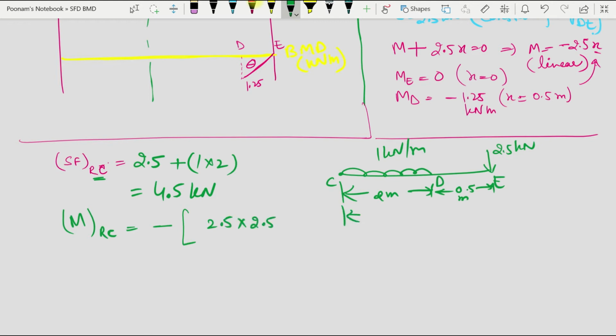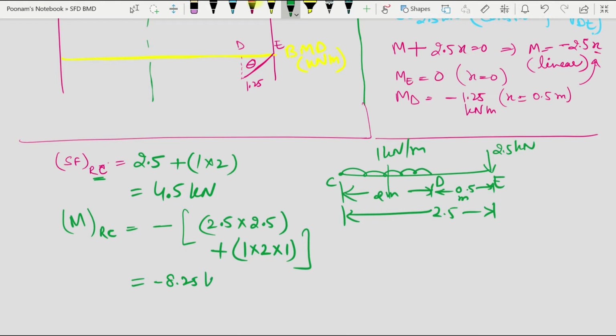The total distance of application of this load is 2.5, plus 1 into 2 into 1. This distance is 1, so it will be minus 8.25 kilonewton meter. So it will be parabolic, and I can draw it like this, a negative parabola, with 8.25 here.